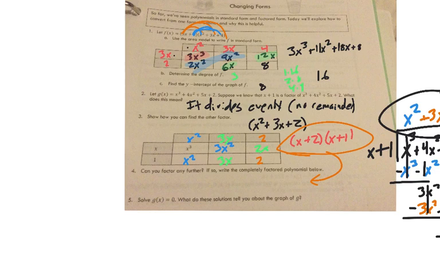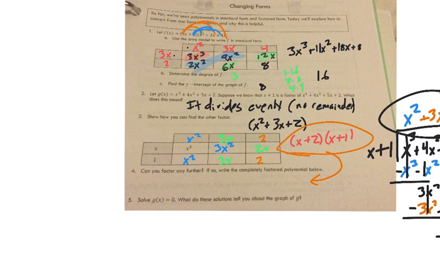If it is, it makes synthetic harder. You can't use it if this is an x to the second. Synthetic is only good for an x to the first, and it really works well if the coefficient is 1 and any constant here is not a fraction. So again, enough talking. Let's get to how to do synthetic.